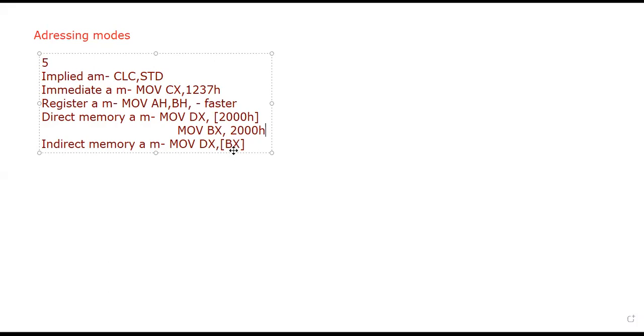This is our pointer variable, which is addressing the address for a particular value. So indirect memory addressing mode is a kind of pointer variable. This is the most powerful and strong one, because no information is displayed over here about which address and which information, and we don't even need to mark up the address.